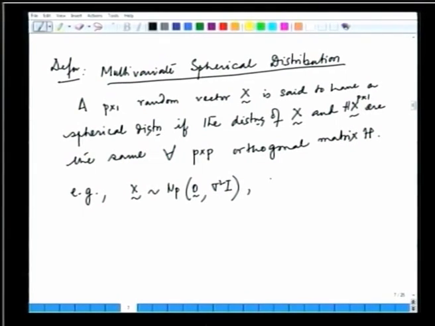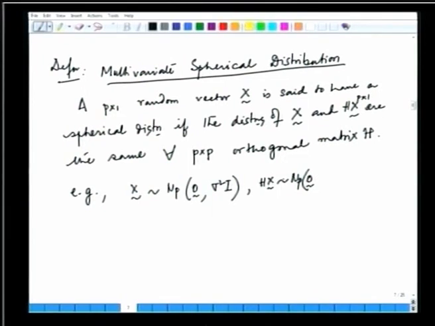Now, if H is an orthogonal matrix, the distribution of Hx, from our earlier results on the multivariate normal, we know that this also has to be p-variate normal, right, with mean A mu. If you recall, what was the distribution of Ax when x is following multivariate normal? This is coming from that. So, this mean will be H mu, which is null, and sigma square H transpose H as the variance covariance matrix.